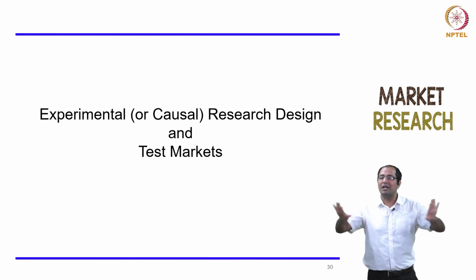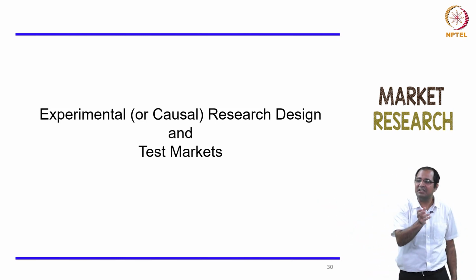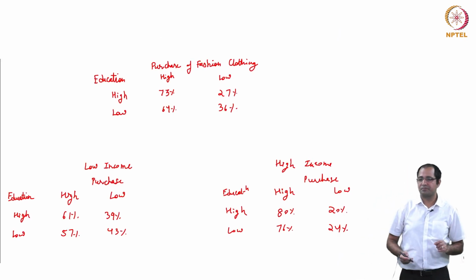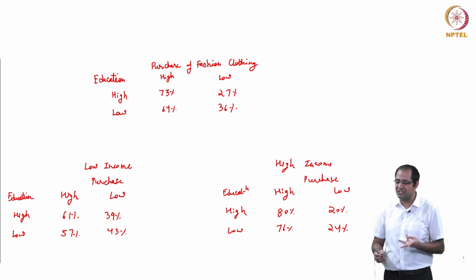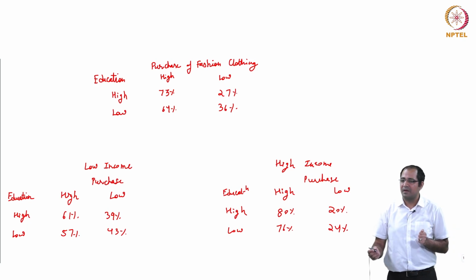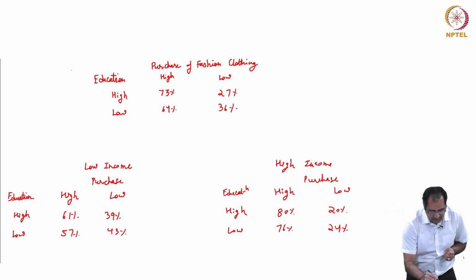You have to control other possible causes and look at the one you are concerned with, change that to see change in Y. One example of a control variable is given for the third condition. A study was done about education and purchase of fashion clothing. Just look at this table.